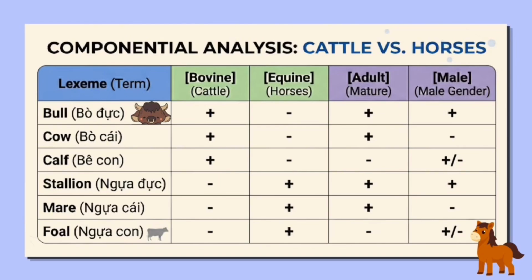And now look at the babies, the calf and the foal. Notice the plus-minus sign for male. Why? Because gender doesn't matter here. A calf can be male or female. In semantics, we say this term is unmarked for sex. And as you can see, this matrix shows exactly how words are built from simple meaning features.